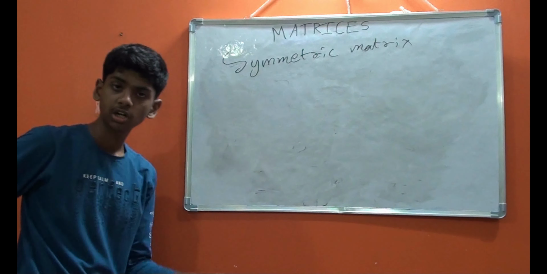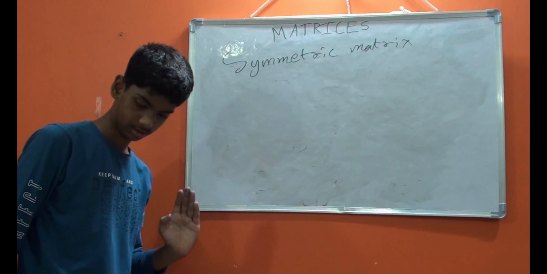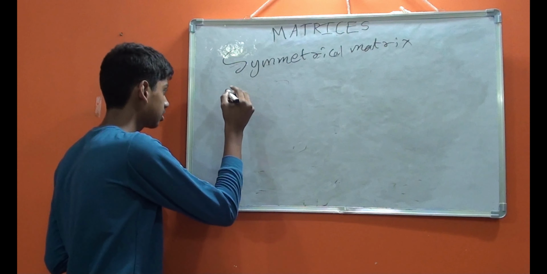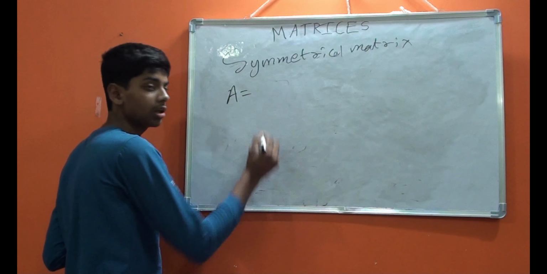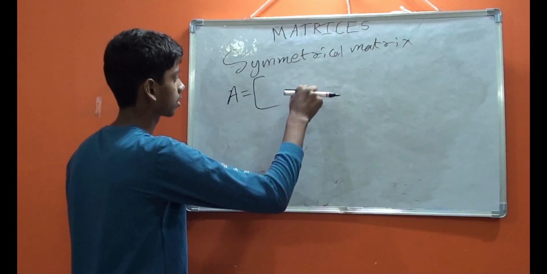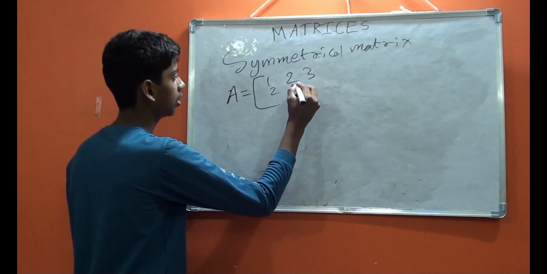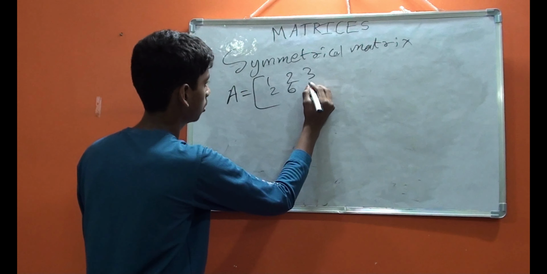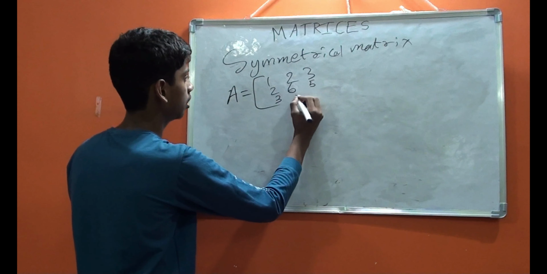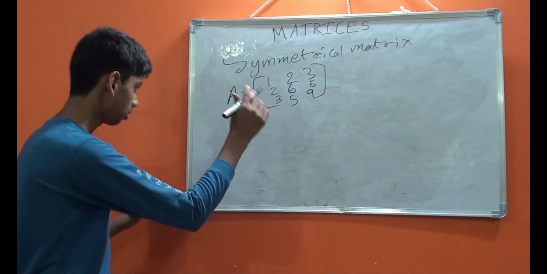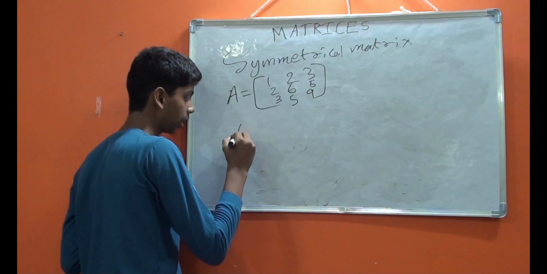So guys, now let's learn about the symmetric matrix. So now let's take a matrix A as 1, 2, 3, 2, 1, 2, 6, 5, 3, 5, 9. Now let's find the transpose of this matrix.